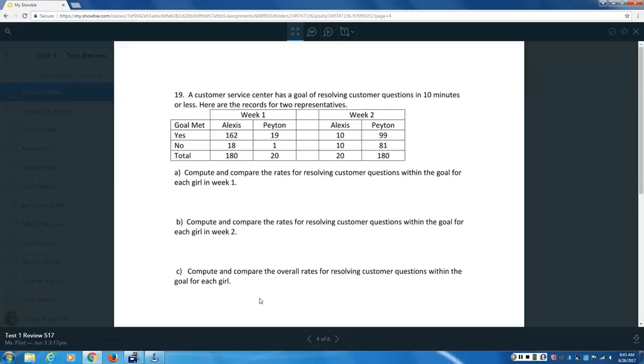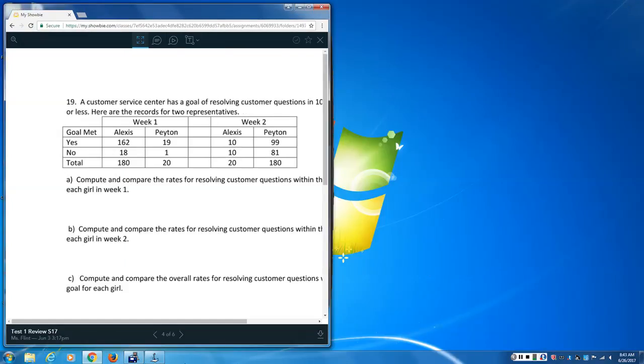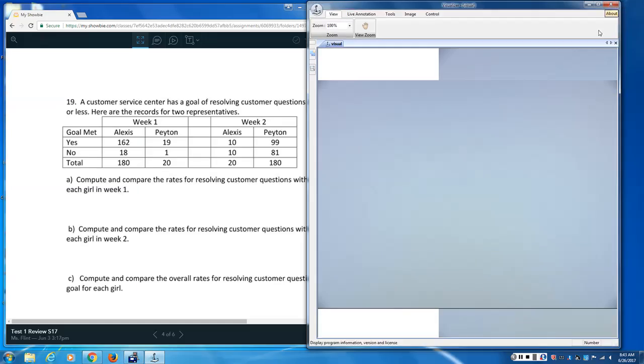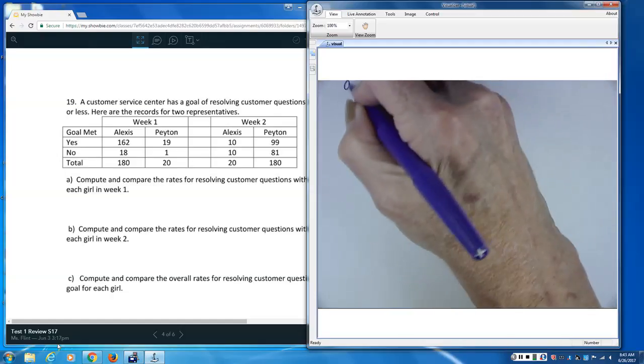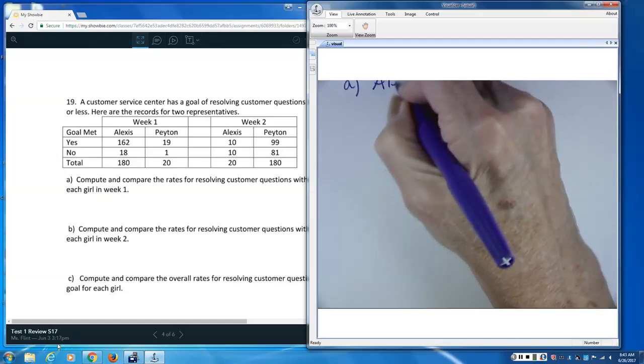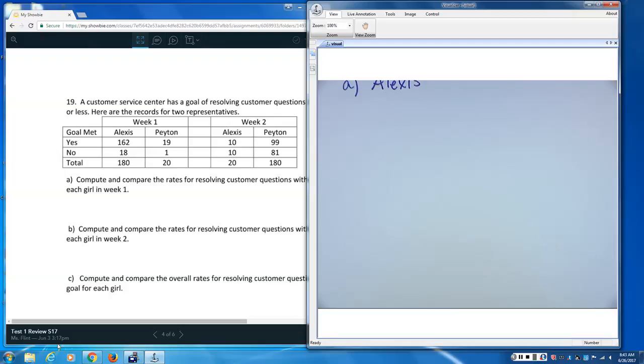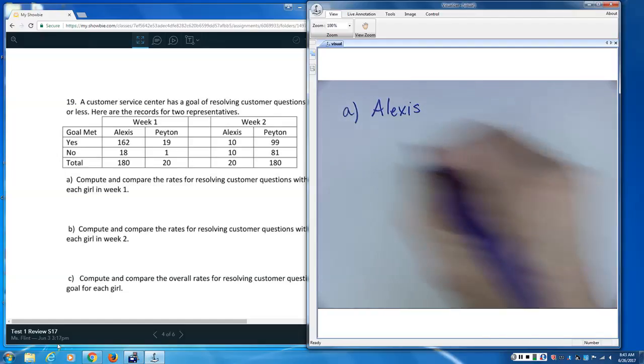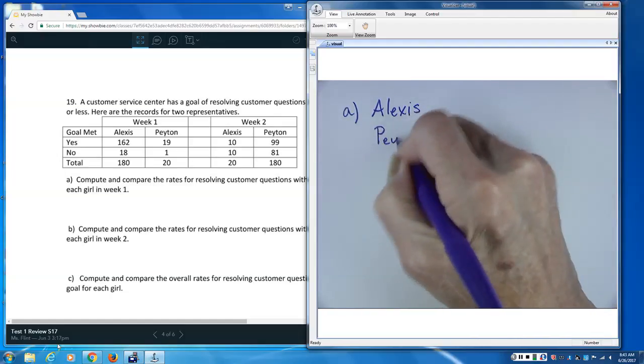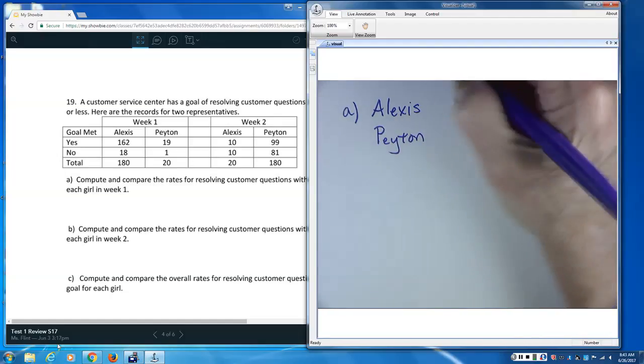Well, for part A, let's see if I can get this side by side again. For part A, you're going to compare Alexis and Peyton, but only week 1.